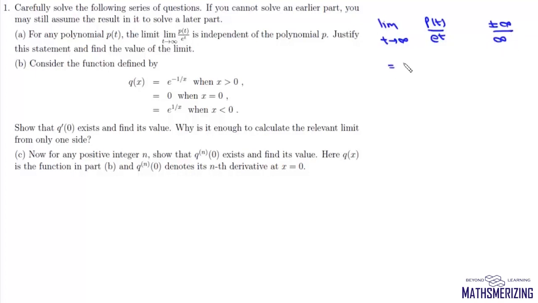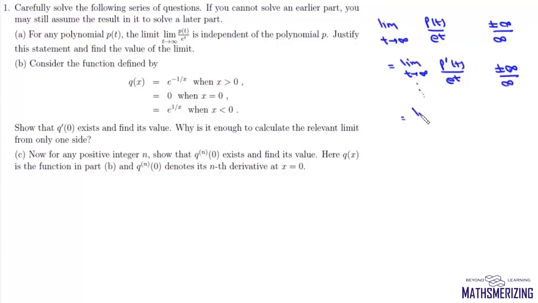And if we use L'Hopital's rule, we can write this as the limit as t tends to infinity of p dash t upon e to the power t. Then again it will be plus minus infinity upon infinity. So we can differentiate it again.